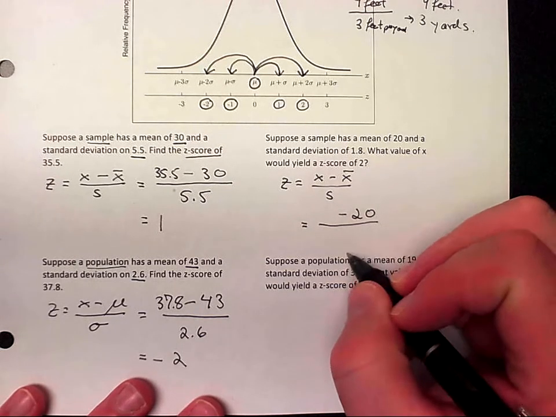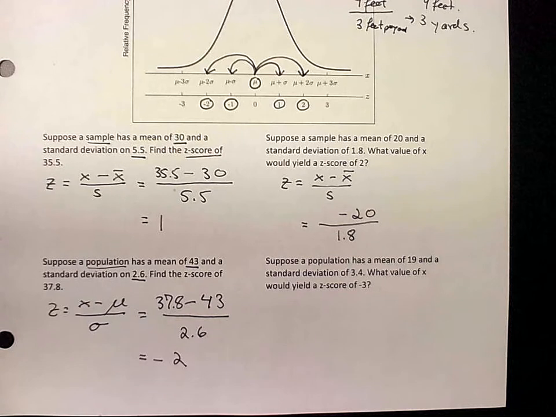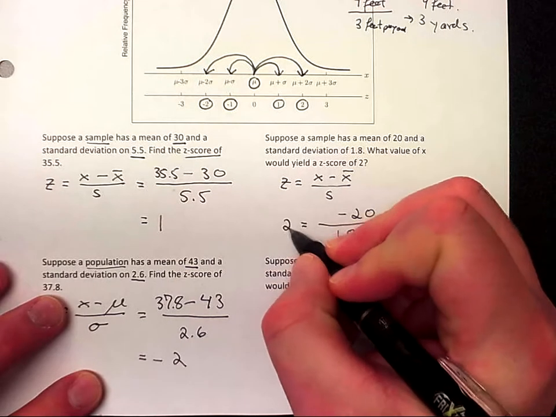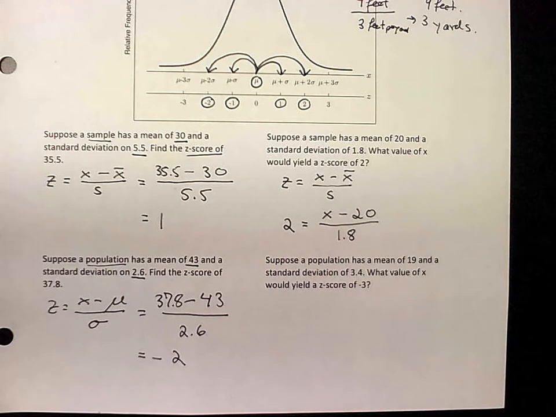What do I plug that in for? What value of x would yield a z-score of 2? Awesome, so I'm going to plug 2 in for z, and then figure out what value of x would give me a z-score of 2. Any questions about the setup?